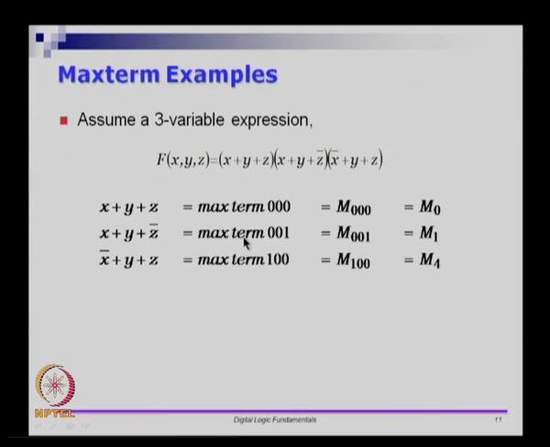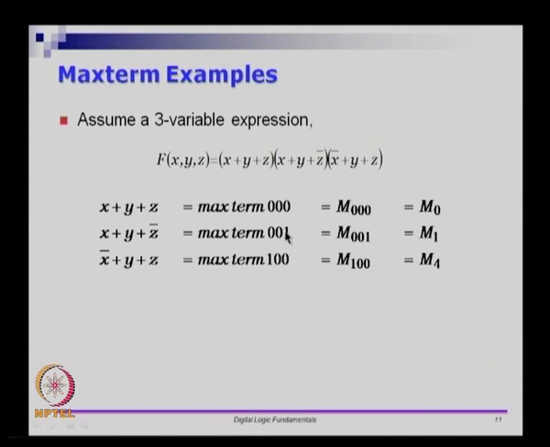So let us look at this one which is slightly more interesting. So x plus y plus z bar, x is appearing in the uncomplemented form, we associate the bit 0 for that. This is y in the uncomplemented form, so we associate 0 for that, and z bar we associate 1 because it is in the complemented form.